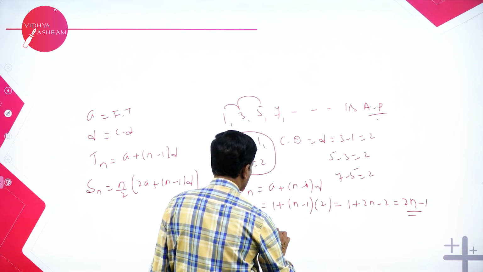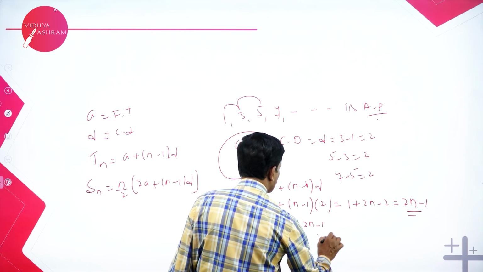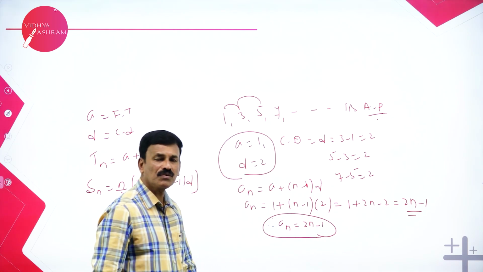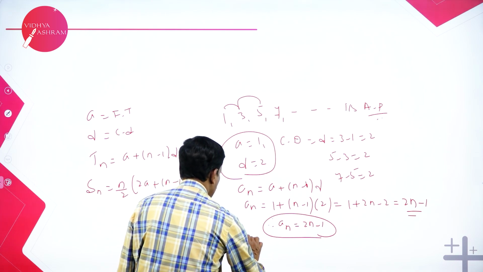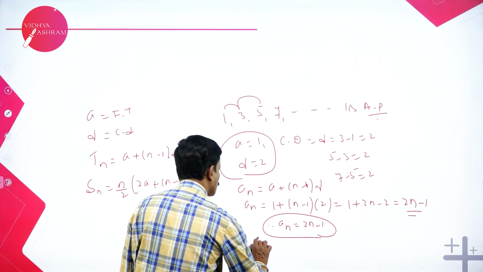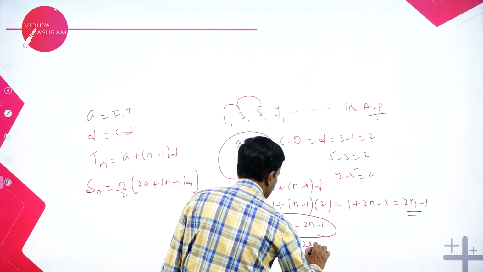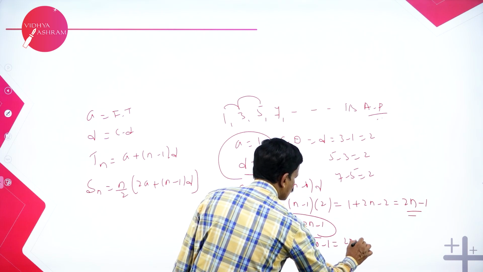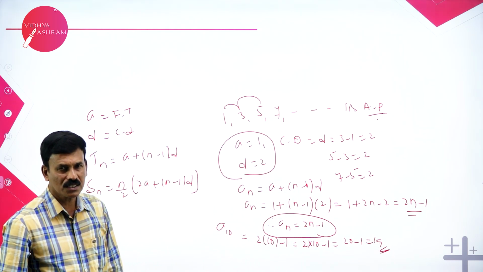So therefore the nth term of this sequence is An equal to 2n minus 1. Suppose you want to find the 10th term, A10, so put n equal to 10. A10 is equal to 2 into 10 minus 1, that is 20 minus 1, which is equal to 19. The 10th term of this sequence is 19.